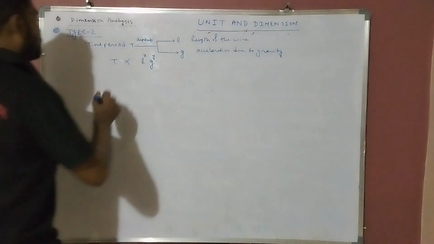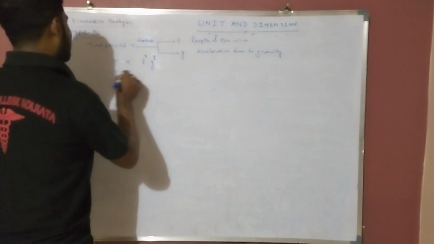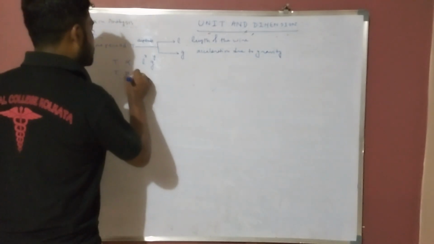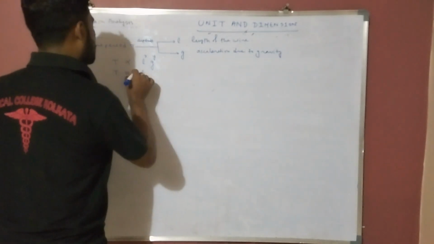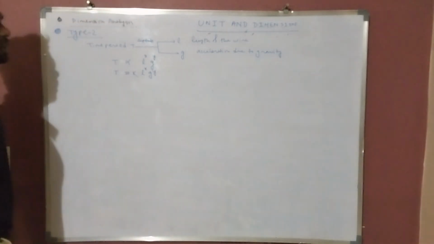So let's see. If you write in this way, a constant will come here. Suppose this constant is K. So we can write T is equal to K into L to the power X, G to the power Y. If any doubt, tell me.